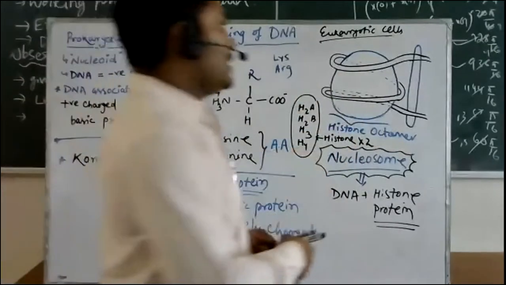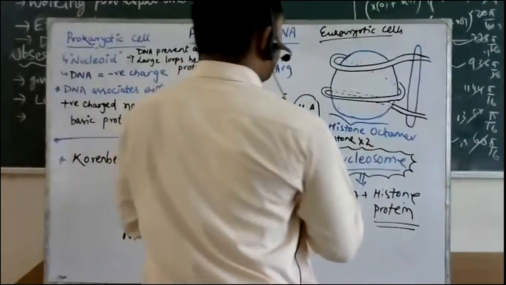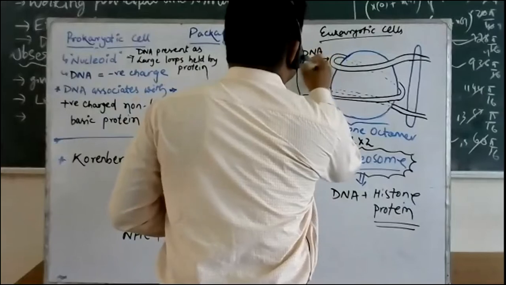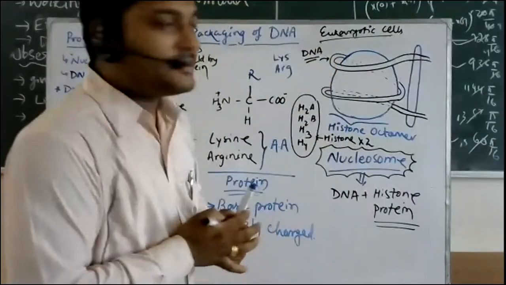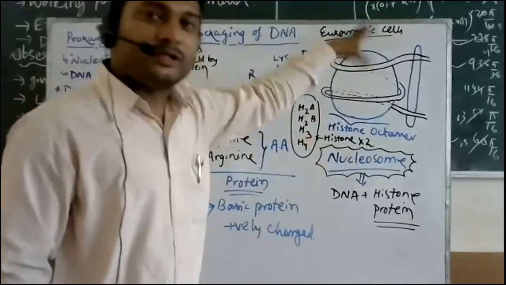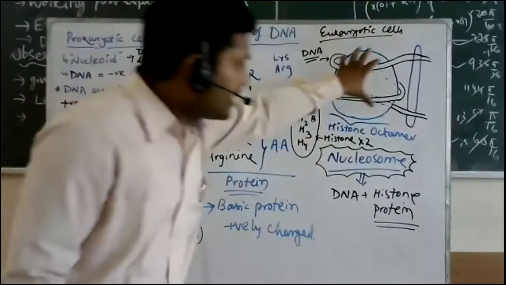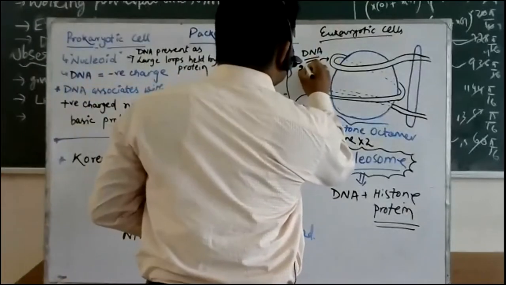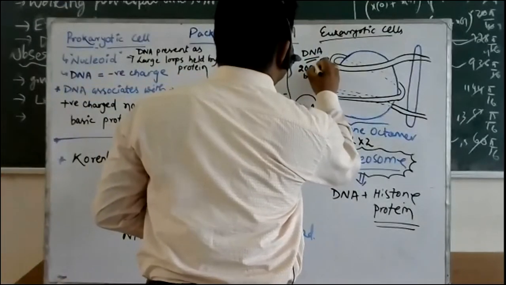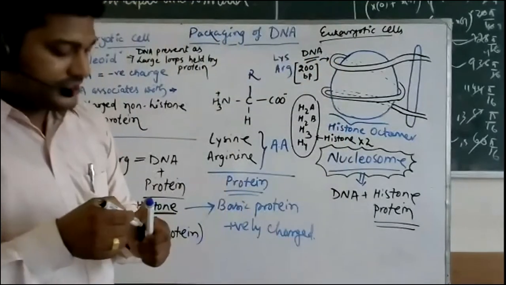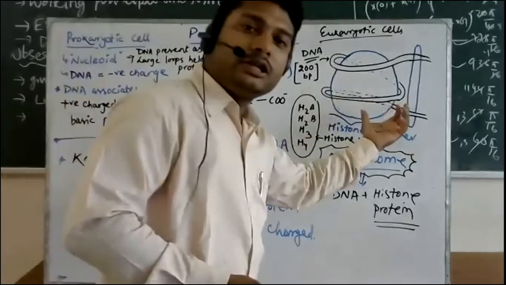Now, what you see, this black one is going to be the DNA, right? So the DNA is wrapped around the histone octamer. When we talk about the entire nucleosome, there are approximately 200 base pairs of DNA associated with this nucleosome structure.